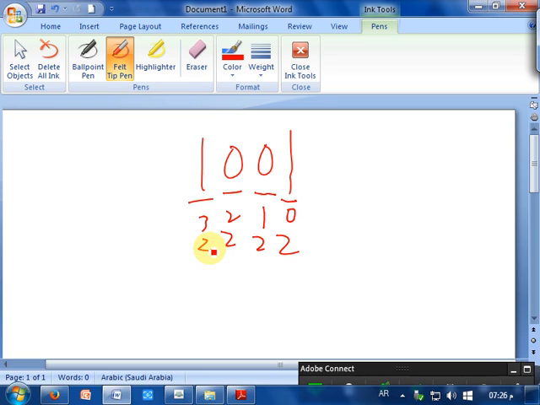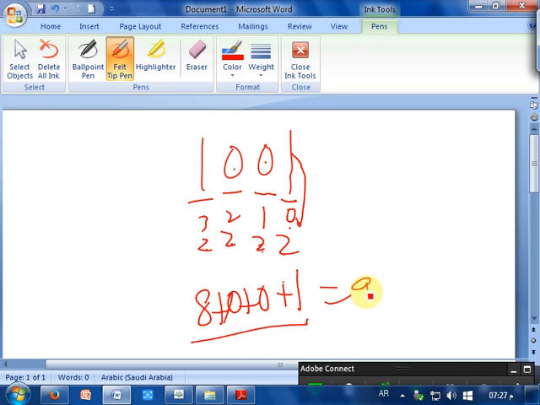First you convert to decimal. 2 power 0 is 1, 1 into 1 is 1. Then 2 power 1 is 2, 2 into 0 is 0. Plus 2 power 2 is 4, 4 into 0 is 0. Plus 2 power 3 is 8, 8 into 1 is 8. The total is 9. It is decimal.